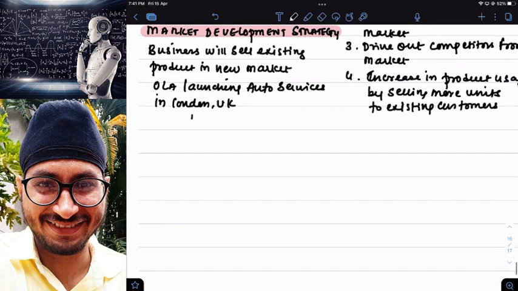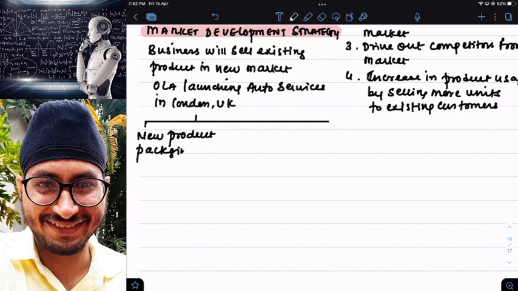How, sir? How to achieve market development? Example number one, sir: new product packaging. I am changing the packaging of a product to sell in a new country. Or different pricing policies.